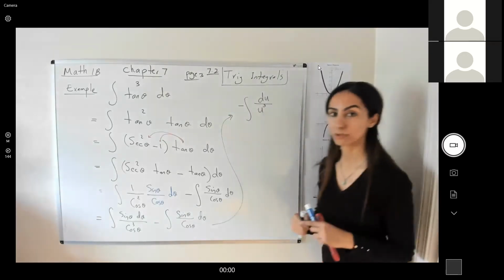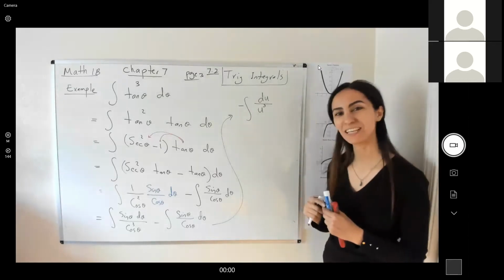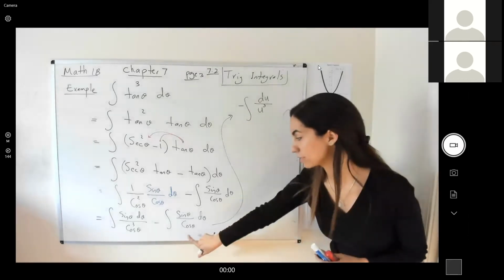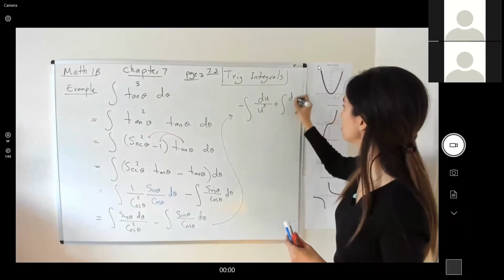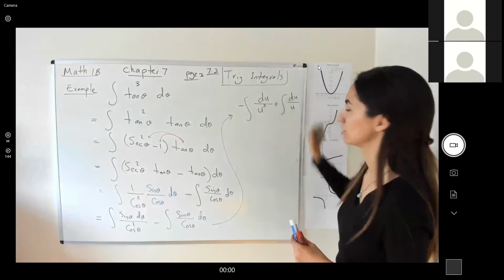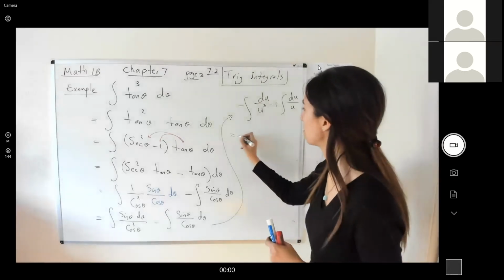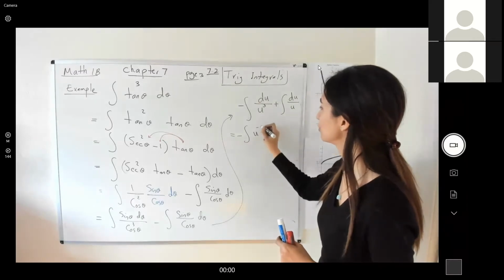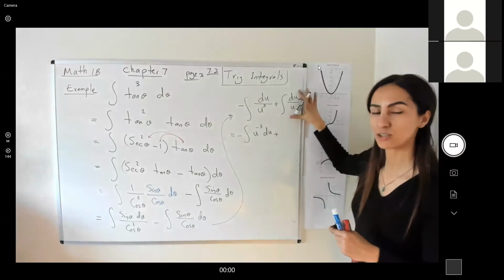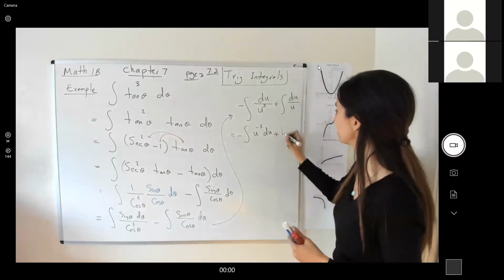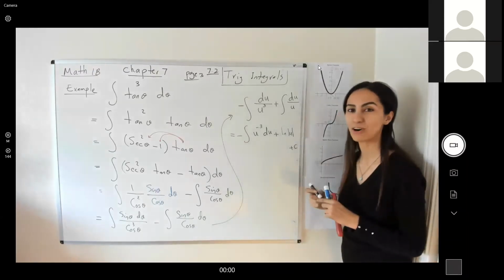U is your cosine, du is negative sine, so you need a negative sign in front. The second one is the integral of du over u. Perfect. This is minus the integral of u to negative 3 du plus this integral, which is ln of absolute value of u. Don't forget the constant of integration.